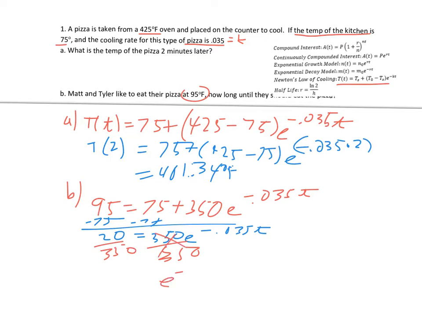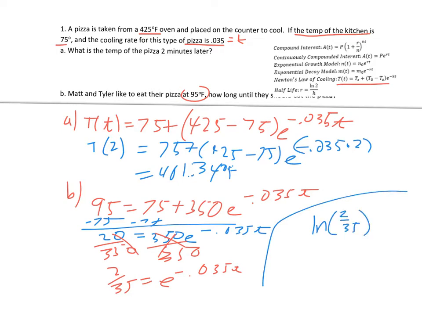And so then I get e to the negative 0.035 t equals 2 over 35. And so then I'll do ln of 2 over 35, switching this into log form with the base of e. And that will isolate my exponent over here as negative 0.035 times t. So then I'm just going to divide by negative 0.035.